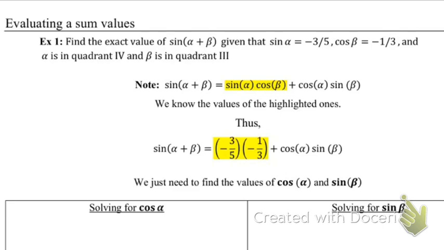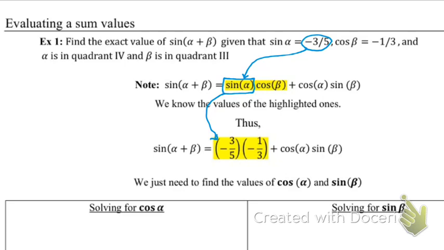Then what you're going to do is fill in the information you know about that. Well, we have sine alpha times cosine beta. Sine alpha equals negative 3 over 5. So we're going to replace that sine alpha with negative 3 over 5. That's what happened here.